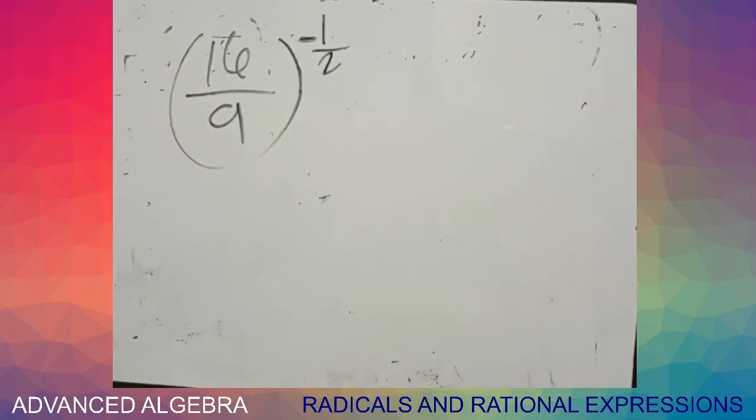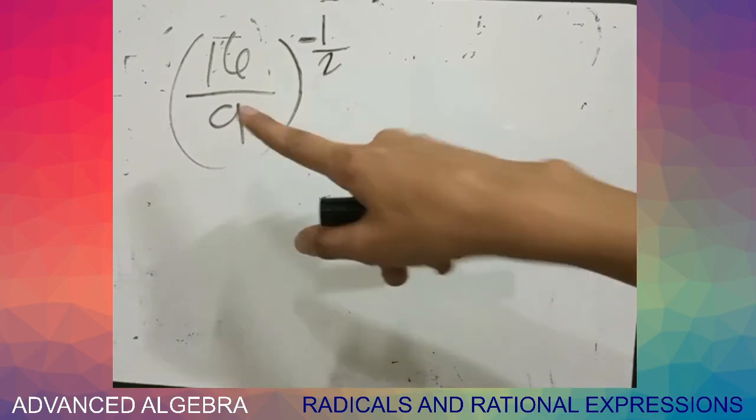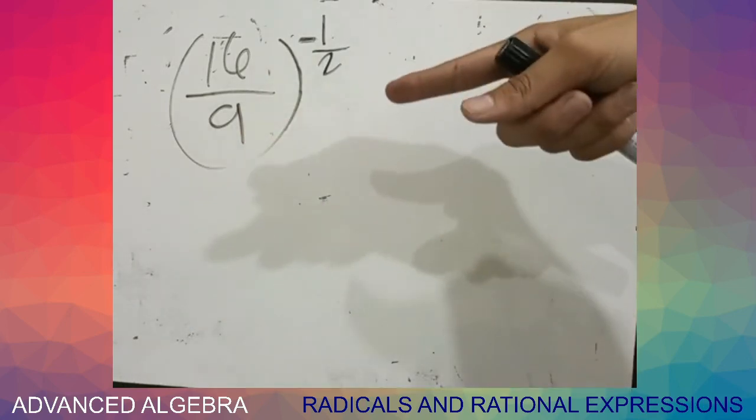Okay, last. So, the square root, the quantity of 16 over 9 raised to negative 1 half power. Okay. So, kung i-base natin siya dun sa mga napag-aralan natin, anong ginagawa natin kapag negative yung exponent? Kapag negative sa baba yung exponent, tinataas natin.